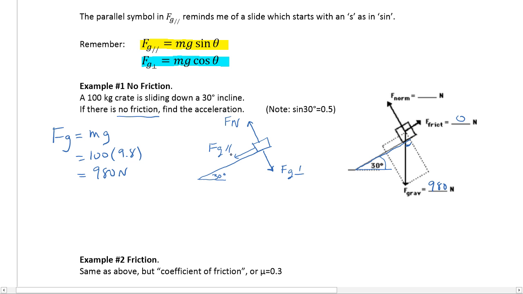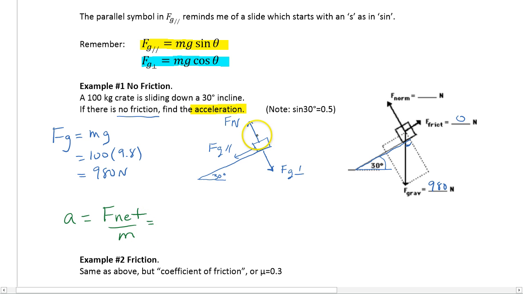So looking at this question, right away I know that Fn and Fg perpendicular are equal and they're going to cancel each other out. So if I want to find the acceleration, a is going to be equal to F net over m.